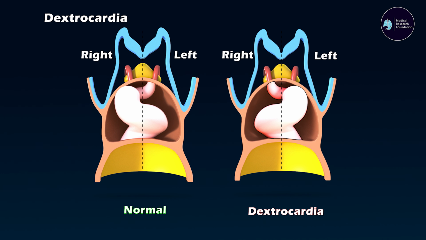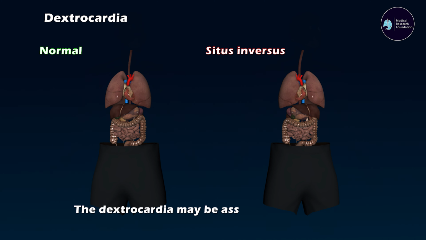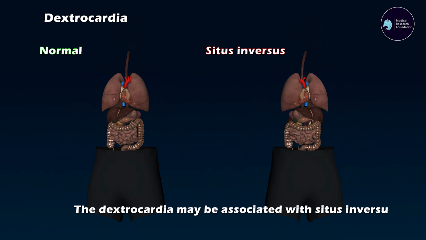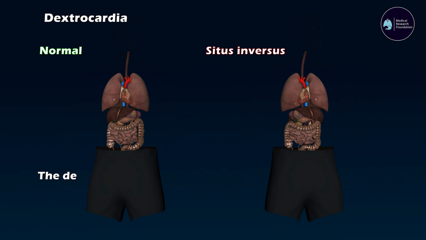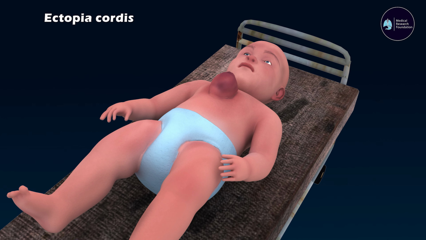The heart is displaced to the right, and there is transposition. The dextrocardia may be associated with situs inversus, transposition of abdominal viscera. Dextrocardia is the most common positional anomaly of the heart.